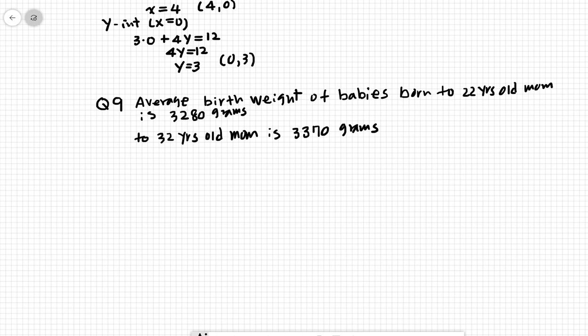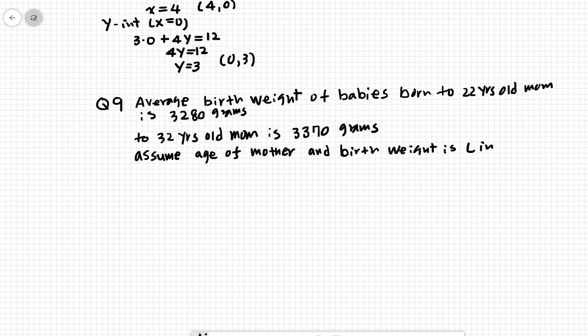So we're going to have to assume that the age of the mother and the birth weight are linear.